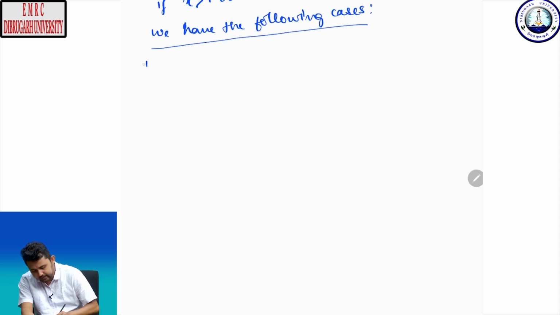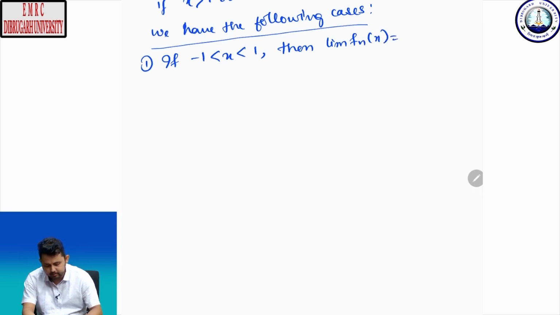The first case that we have is if x lies between -1 and 1, then limit fn(x) equals limit 1/(1 + x^(2n)). Since we already know the limit of x^(2n), here it is easy to find that this is equal to 1.